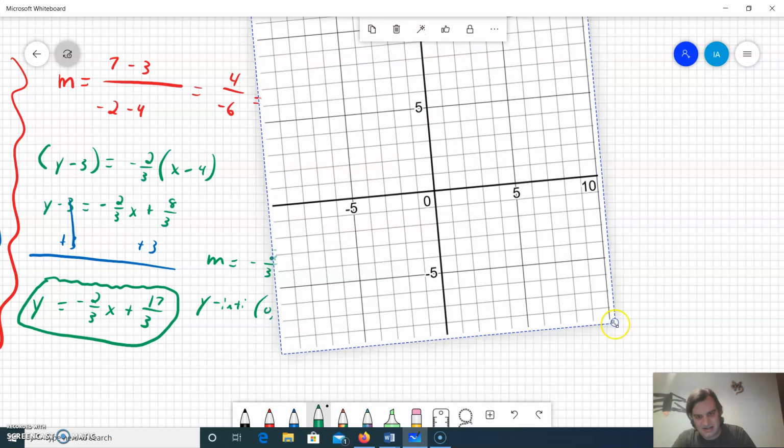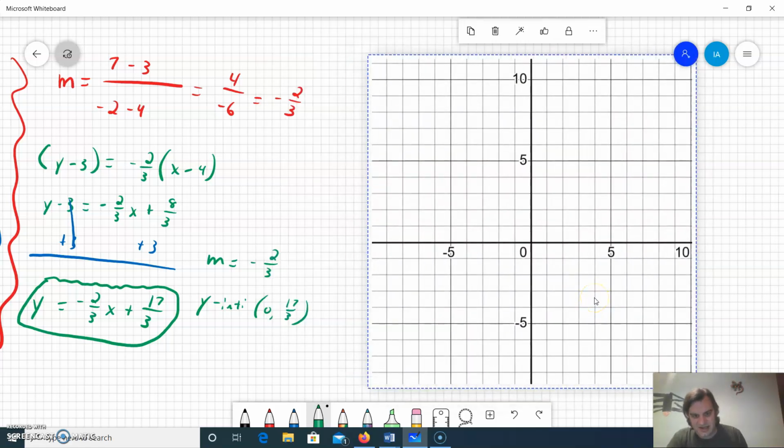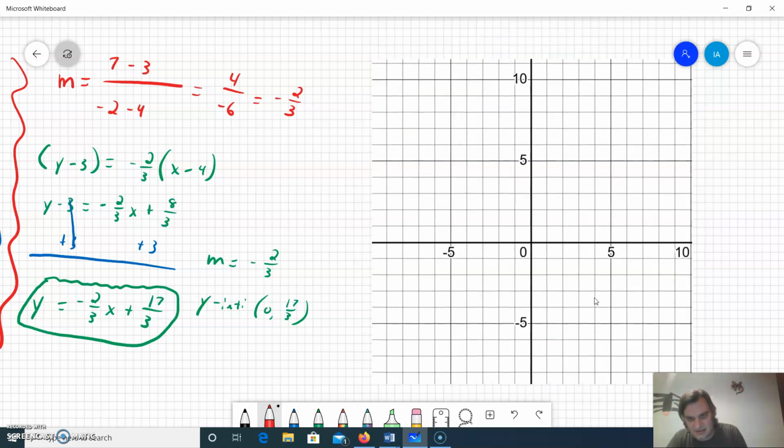So let's try and put our graph together off of that information. The point we have is 17/3, which is a little bit less than 6. And then the slope is negative 2/3, so down 2 over 3, down 2 over 3, down 2 over 3.